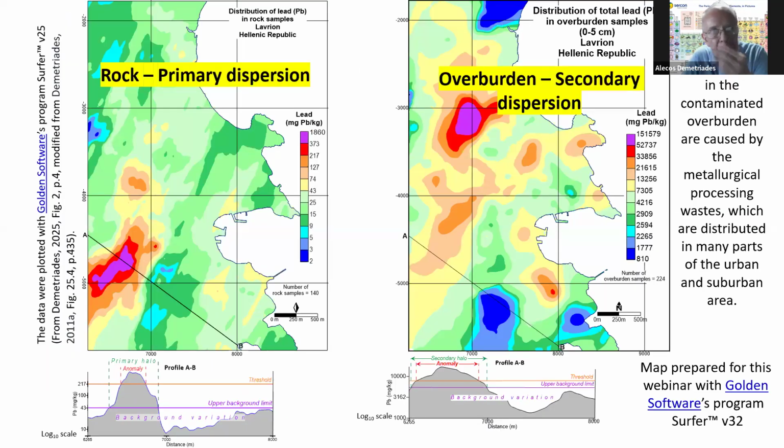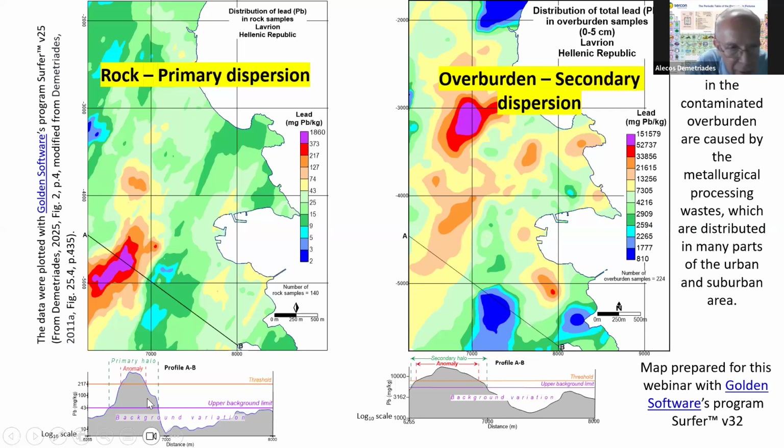Now, we said that there are differences depending on the sample type. Now, we see here the same area, Lavrion, where we have the rock, the primary dispersion, and we have the overburden samples with the secondary dispersion.